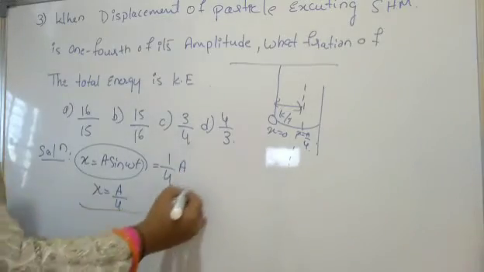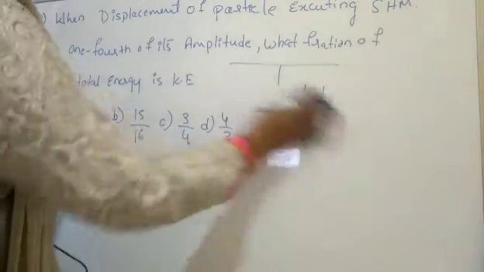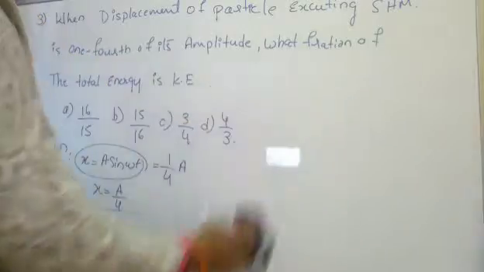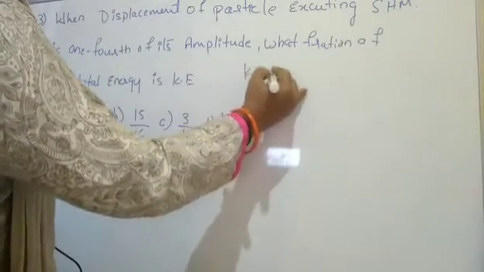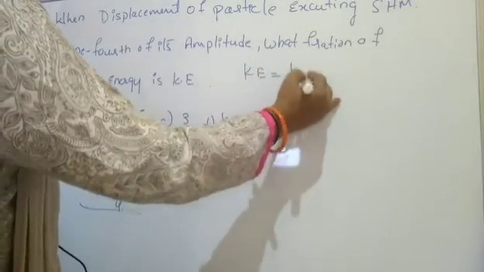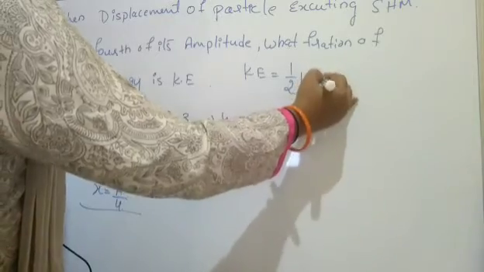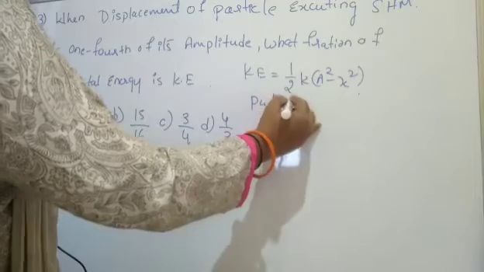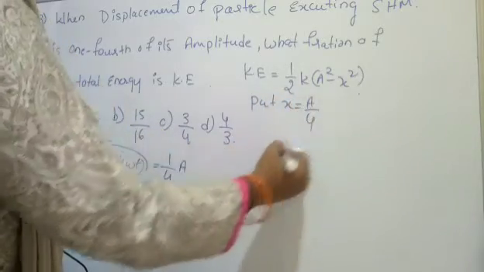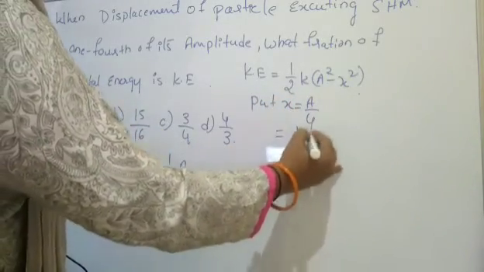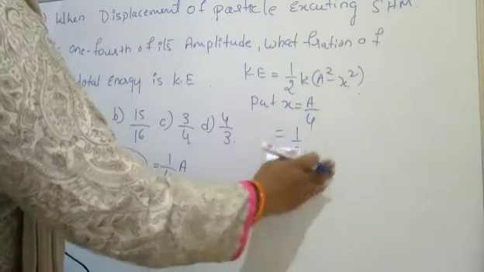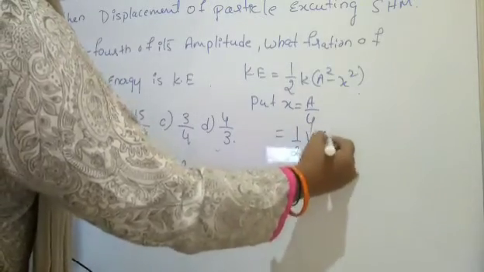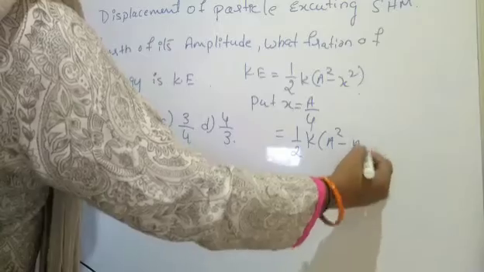Now we'll move on to the kinetic energy form. So the kinetic energy form is KE is equal to 1 by 2 K of A square minus x square. So put x is equal to A by 4 here. So place it here, 1 by 2 K, A square minus A by 4 whole square.